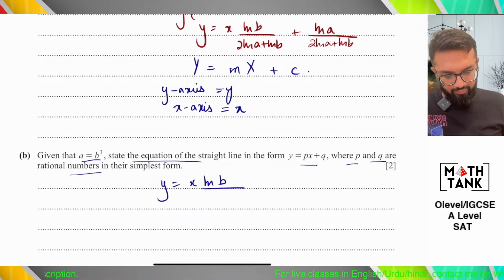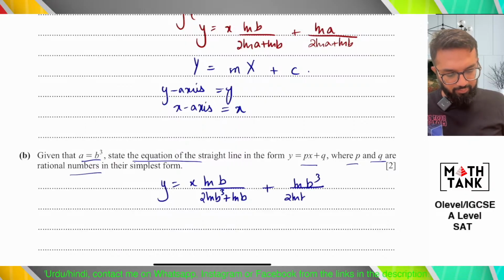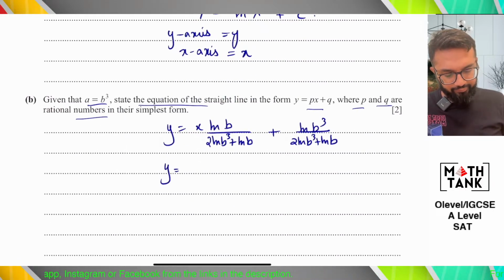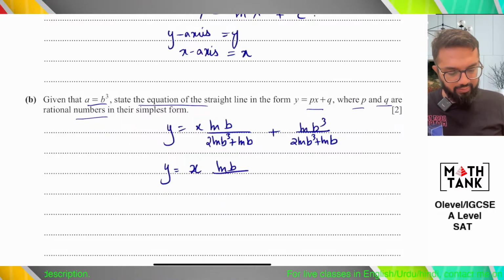I just need to 2 ln b cube plus ln b, plus ln b cube over 2 ln b cube plus ln b. That's going to be 6 ln b plus ln b, so 7 ln b, plus 3 ln b over 7 ln b.